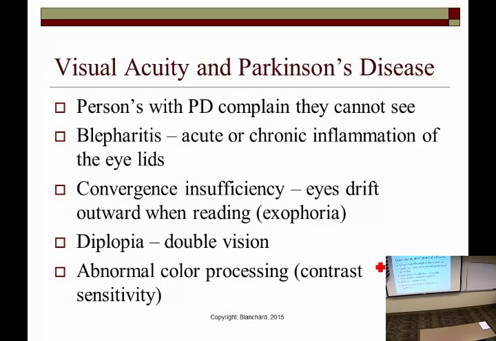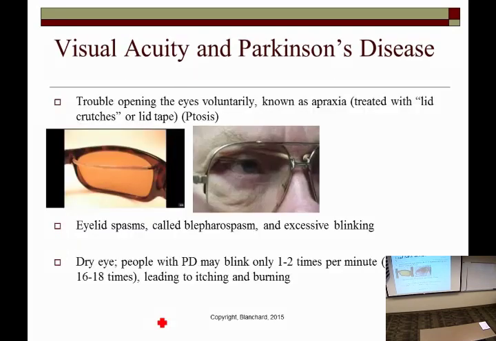That has to do with, okay, do they have disuse atrophy of the eye muscles? So we need to know how much are you using your eyes. They may have double vision because of that, diplopia, or abnormal vision processing, that contrast sensitivity that I talked about earlier. Okay? So sometimes they will have a droopy eyelid, a ptosis, okay?